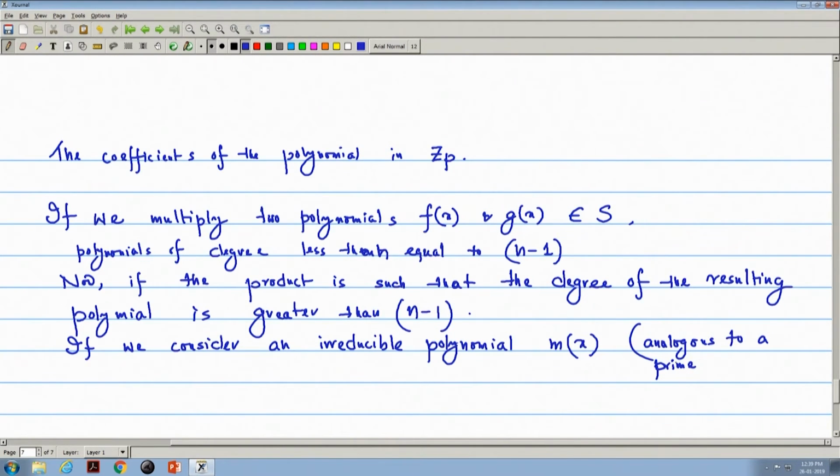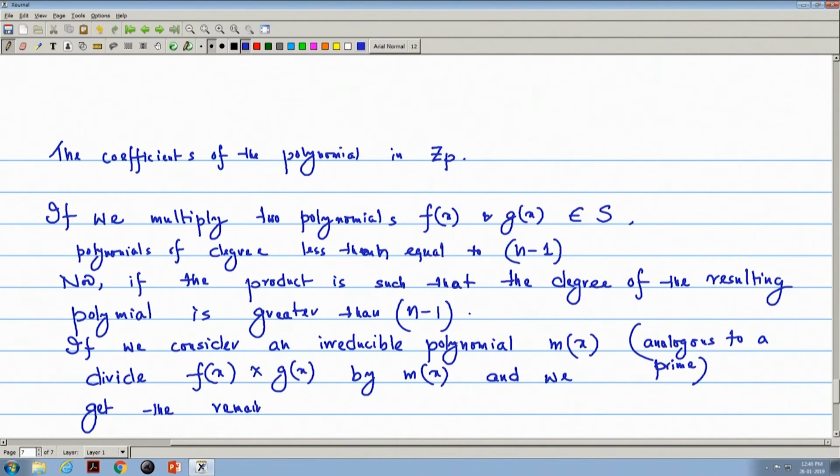We have read that definition, and we divide the product by m x, that means divide f x into g x, the product, by m x, and we get the remainder R x.